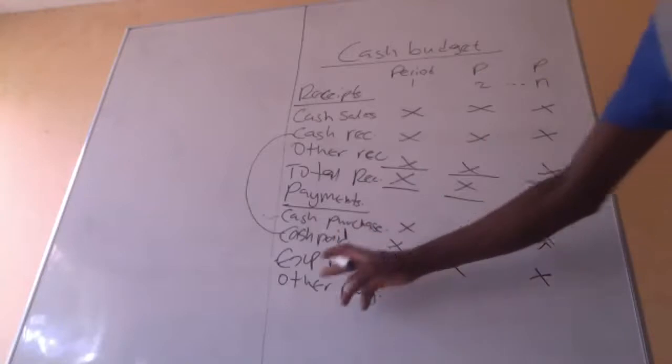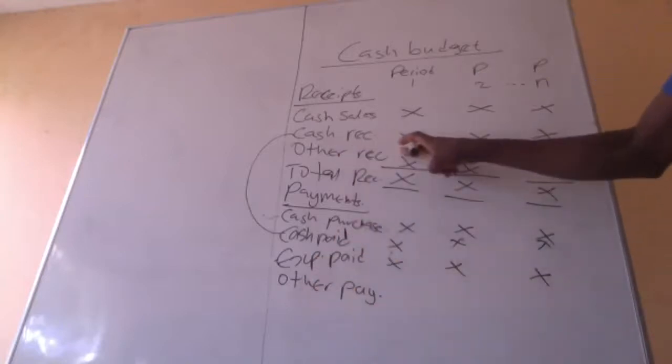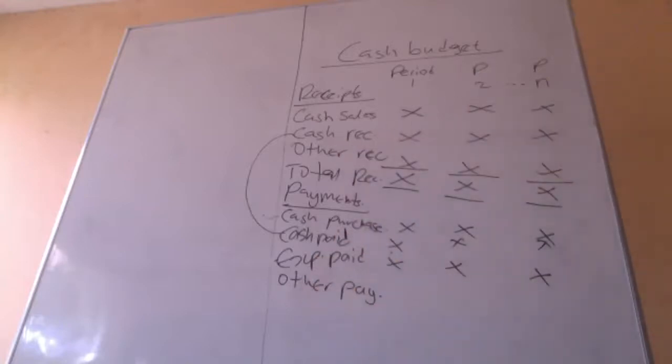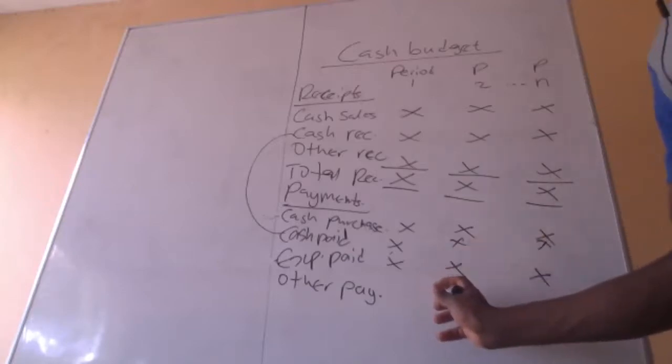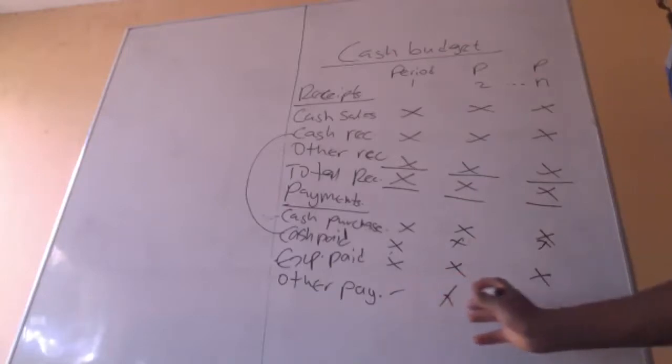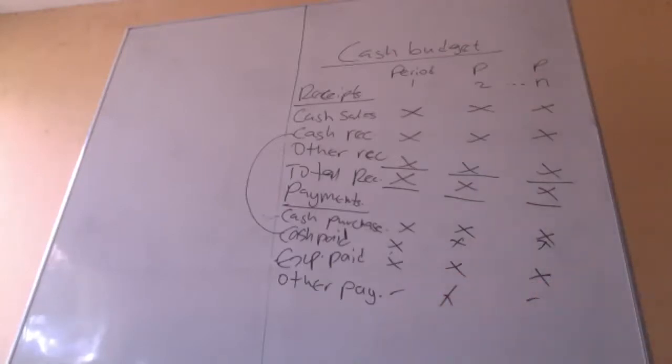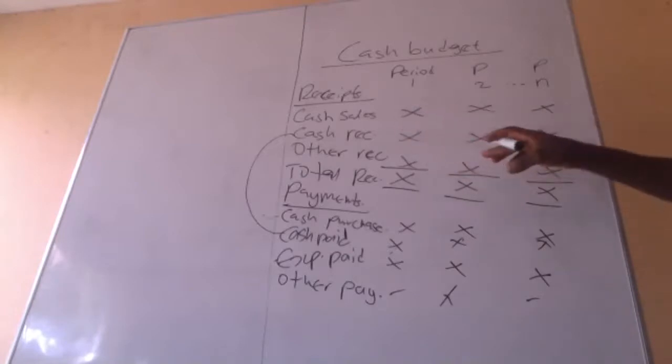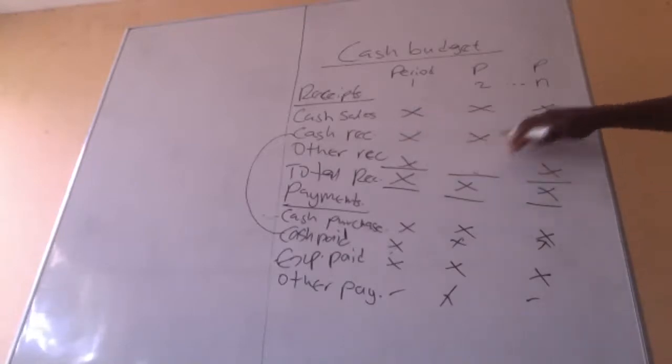Just that these two items, other payment and other receipt, don't occur often, because you can't be buying non-current assets each and every month or each and every day. No. For that one, normally just once. So the other receipt too can be something like this.